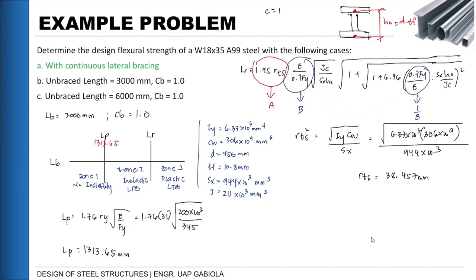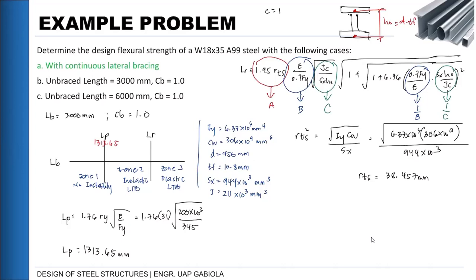Then, pag in-input mo siya dito sa part na to, that will be 1 over B. Okay? Next is ito, yung JC, yung nasa loob ng square root. Itong value na to, same lang din siya nitong value na to. Naka-reciprocal lang ulit. Okay? So, what you will do is to, again, use this value or get this value. And then dito, pag i-calculate mo na siya, you just need to substitute 1 over C. Okay?